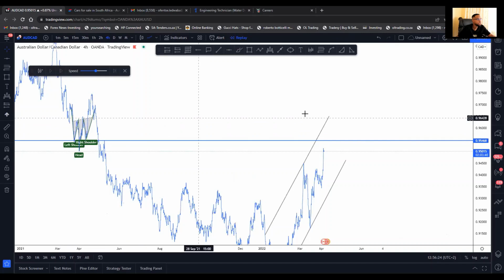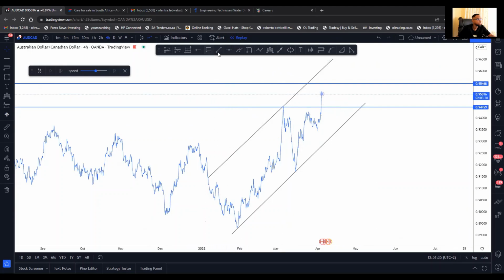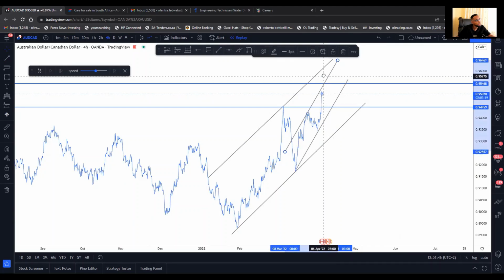Okay, focusing on this one. Just want to see what's going to happen. So this point is very important. And what I would see is this level here, because it's an internal trend.